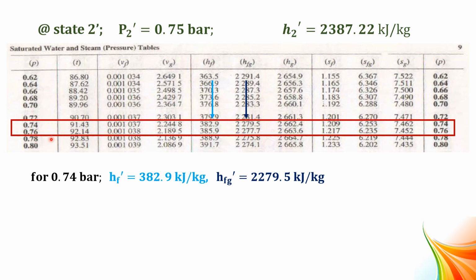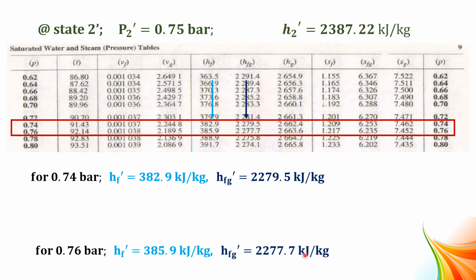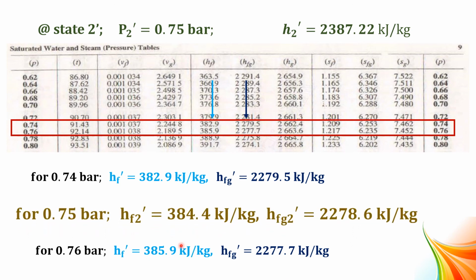So we have to take the HF value and HFG value corresponding to 0.74 bar and 0.76 bar. Then by interpolating these two values, we can get the values of HF2 dash and HFG2 dash. HF2 dash equal to 384.4 kilojoule per kilogram and HFG2 dash equal to 2278.6 kilojoule per kilogram.